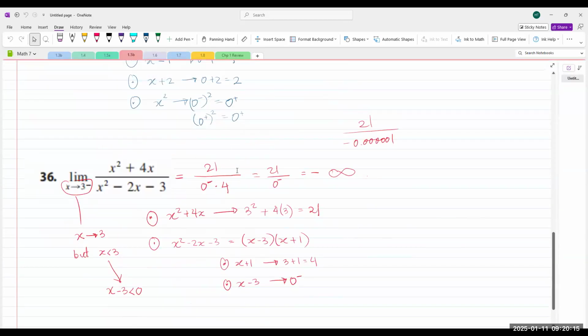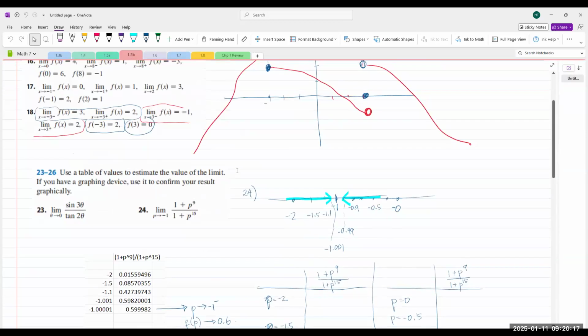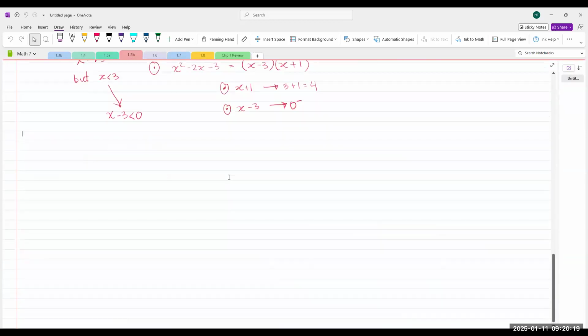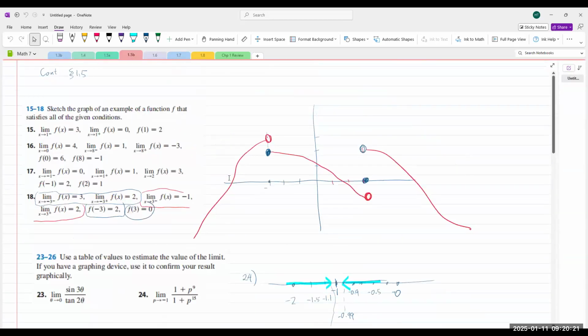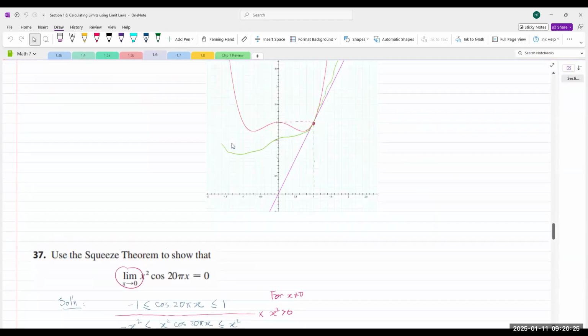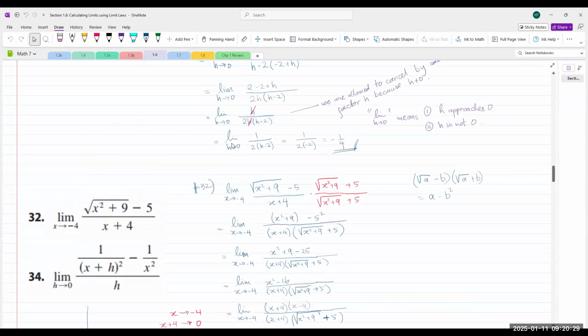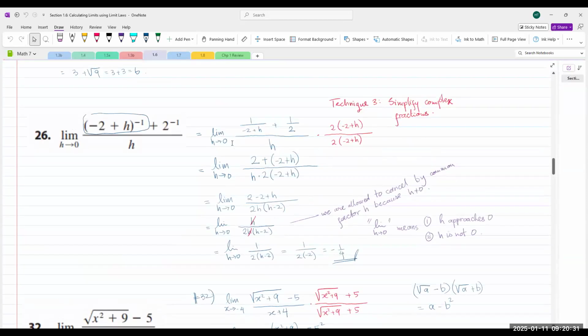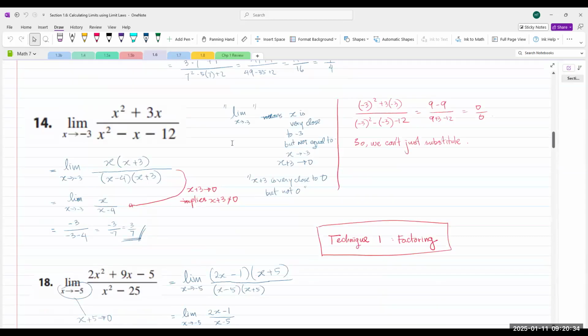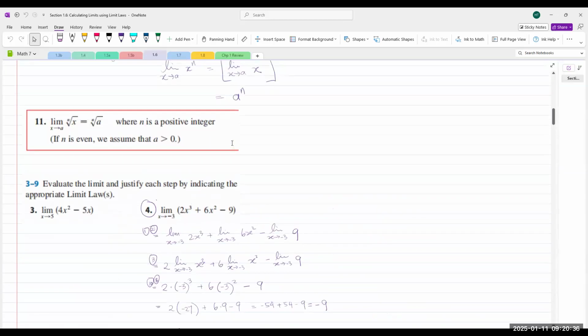Is it 1.5? I'm trying to find out where I did that. I remember I mentioned it, but I don't remember if I actually wrote it down. Is it 1.6? Maybe I'll take a look in the book. Let's take a look at the book.